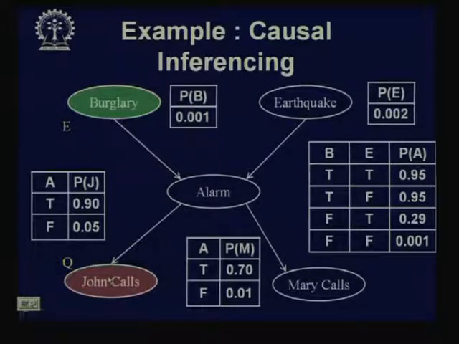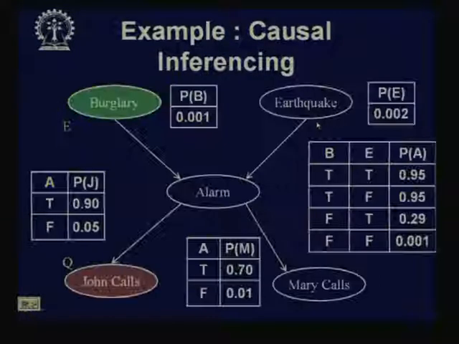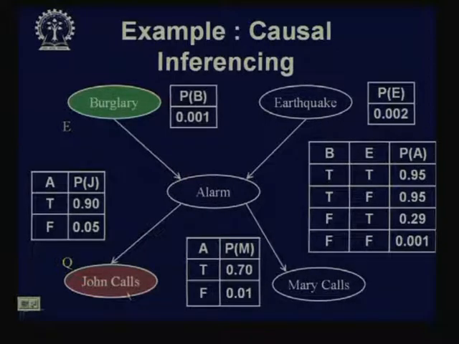How do I compute this? Obviously, I will have a deseparated graph and compute it out of this. What is E x minus and what is E x plus? This is my query node, my node x, and there are no children, so E x minus is null.